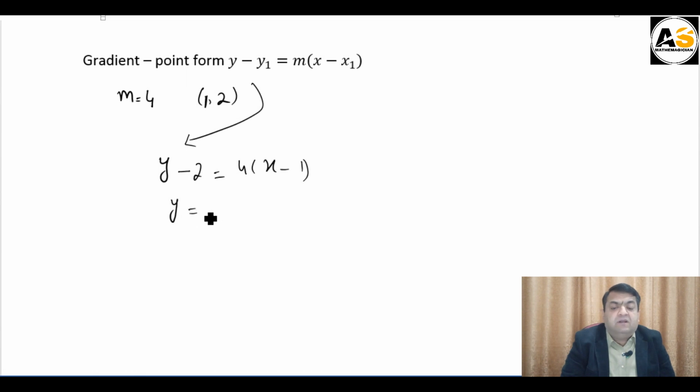We can then simplify it to get 4x minus 4 plus 2, or y is equal to 4x minus 2.